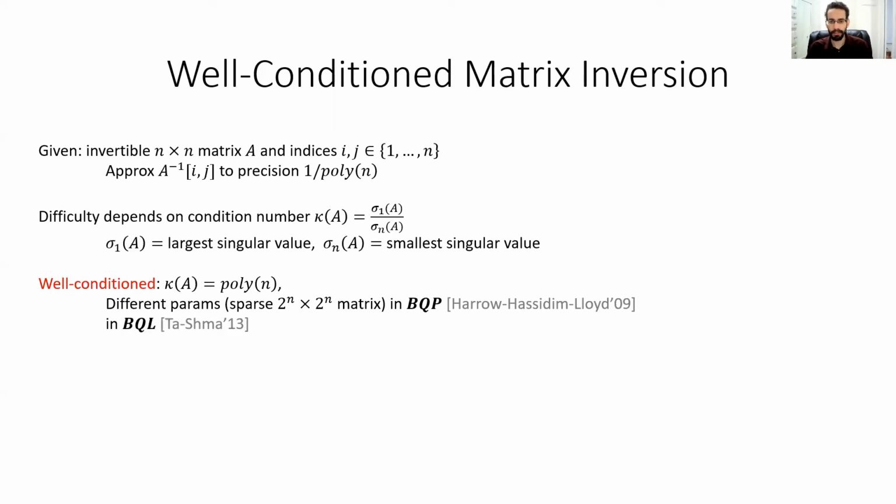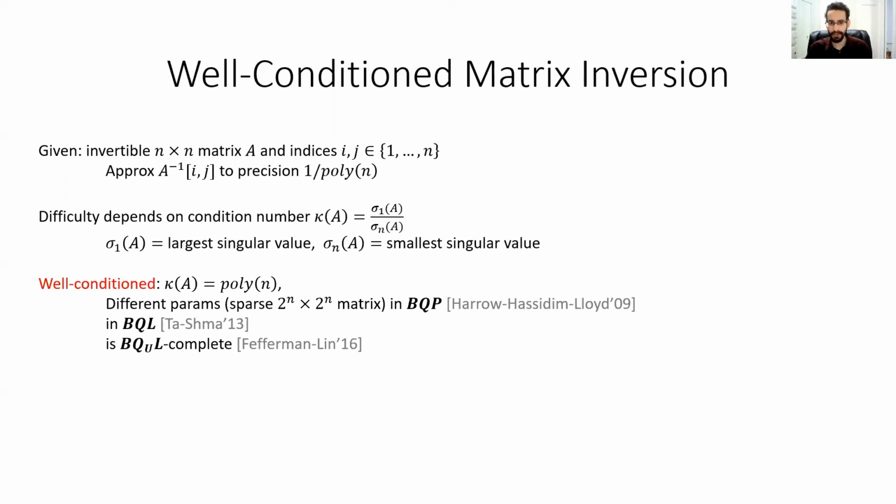Then, building on the original poly-time Harrow-Hassidim-Lloyd algorithm, Ta-Shma showed that polyconditioned matrix inversion for n by n matrices is in BQL. This result was then improved by Fefferman and Lin, who gave a BQUL algorithm for this problem, and also proved matching hardness results, thereby showing that polyconditioned matrix inversion is BQUL complete.